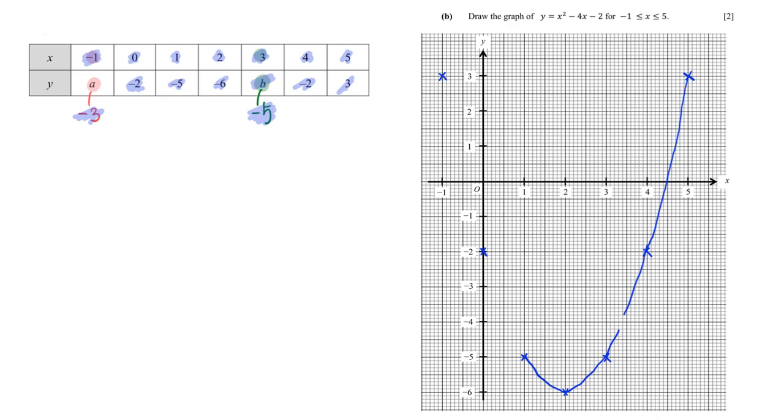And as we continue, and to continue further, so that it looks like a U shape. And last but not least, do remember to write down the equation of the line somewhere near the graph. And we are done with part B.